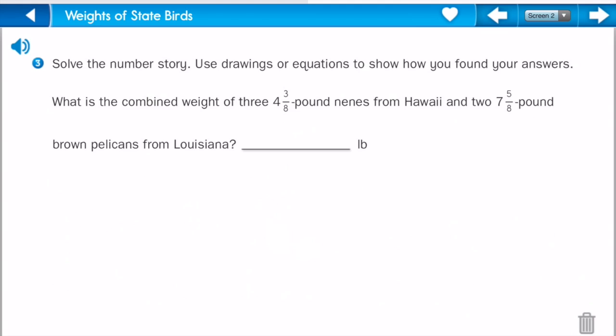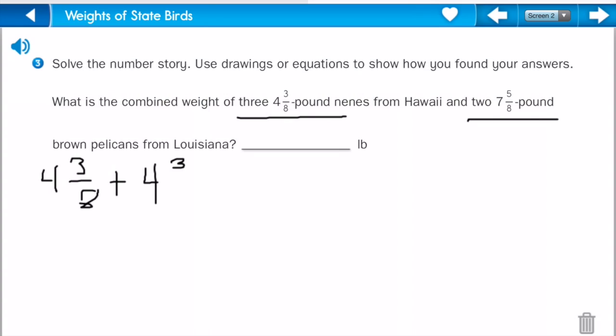So we know that there's 3 nenes and 2 brown pelicans. So we could add 4 3/8 three times. And then for our brown pelicans, we could add that 2 times.